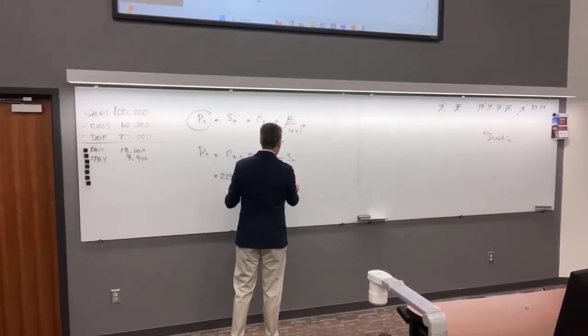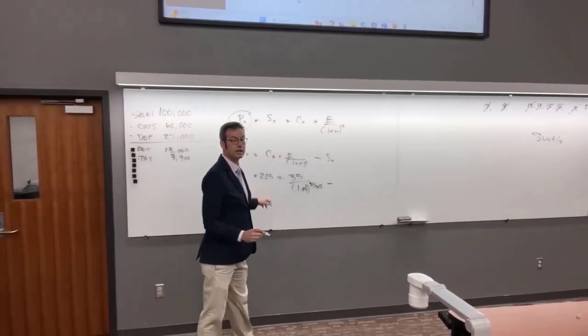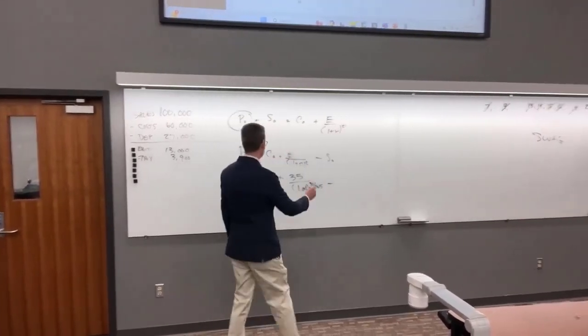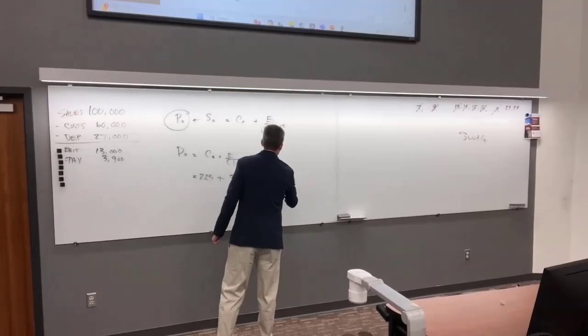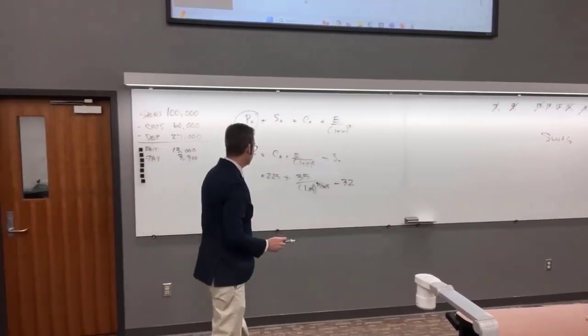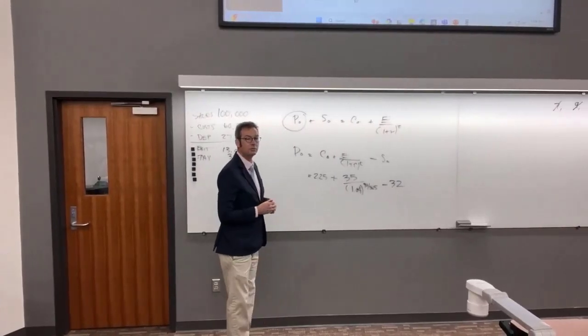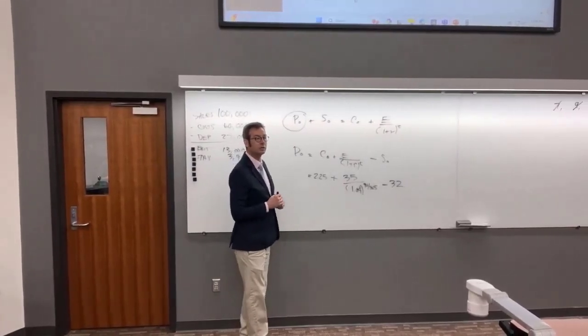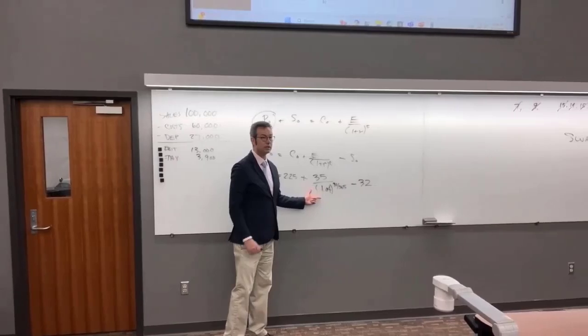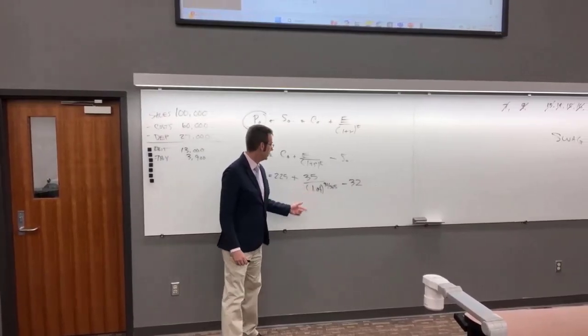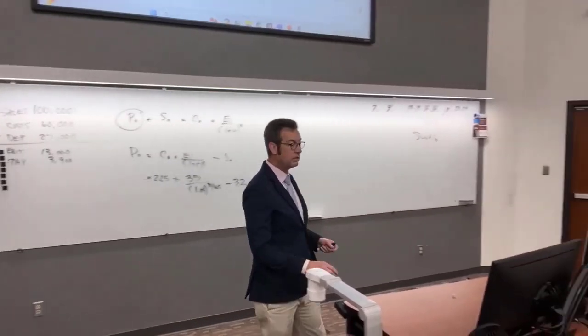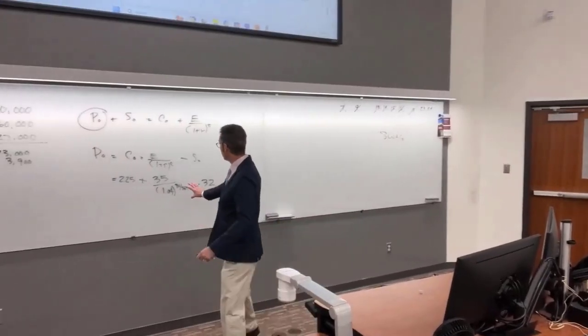Okay, then minus, what's the stock price? 32. Okay, so here's the way I'm going to approach this. Where is the most difficult math in all of this? Right there, isn't it? Okay, so I'm going to start down. In fact, I'm going to start on the bottom.